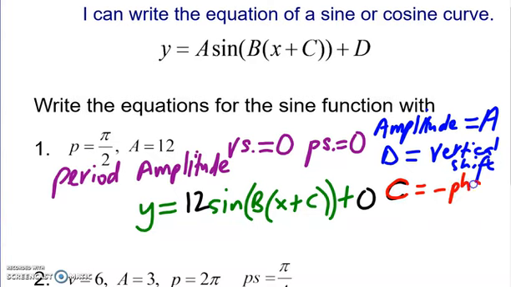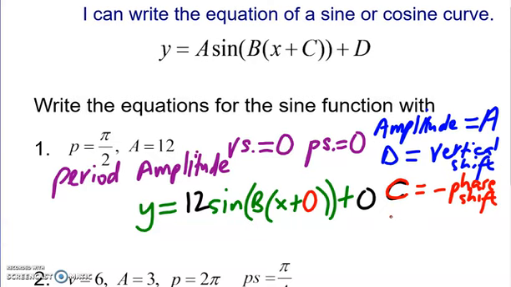So negative of your given phase shift. In this case, it's just 0, so negative 0 is just 0. So we can write here, this is going to be just 0. It doesn't affect this particular problem at all. Okay, then the last one here is b.